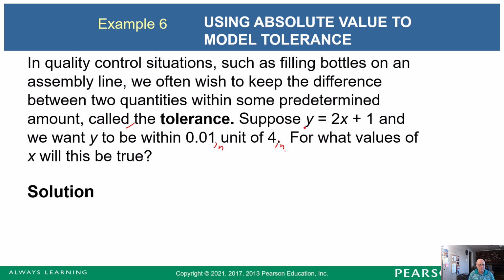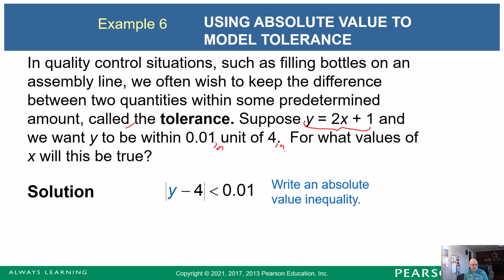So y equals 2x plus 1. We want y to be within that. How will that be true? Subtract y from 4. You want, remember, this represents like distance or length.